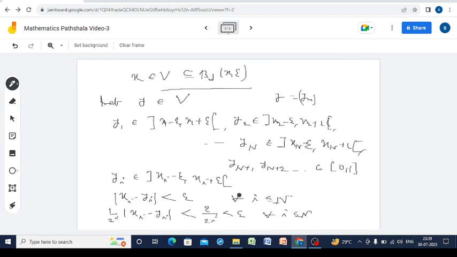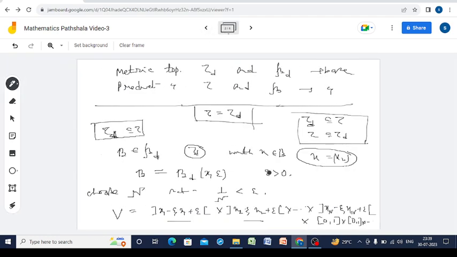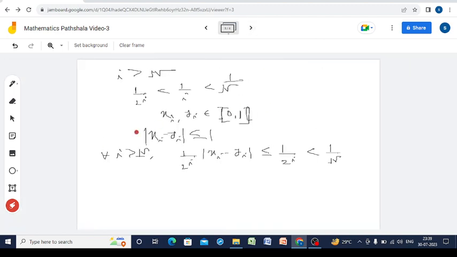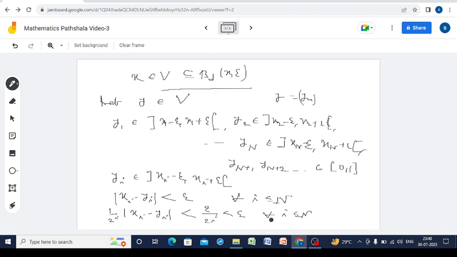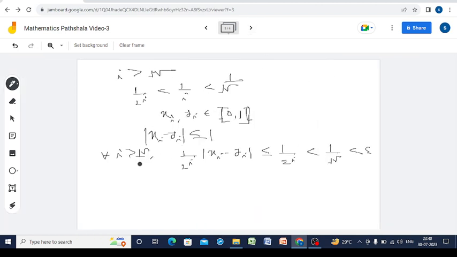And also we have taken n such that 1 by n is less than epsilon. So here this 1 by n is less than epsilon. So see, first we have calculated for any i less than or equal to n, 1 by 2 to the power i times mod xi minus yi is less than epsilon, and then we have seen that for all i greater than n also 1 by 2 to the power i times mod xi minus yi is less than epsilon.